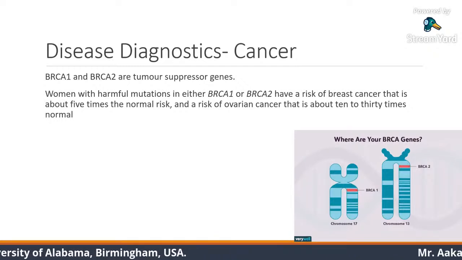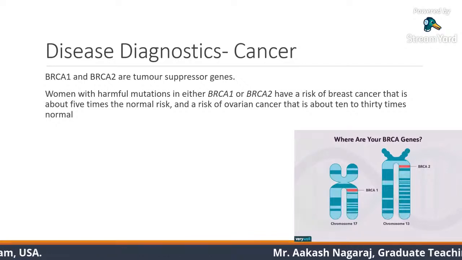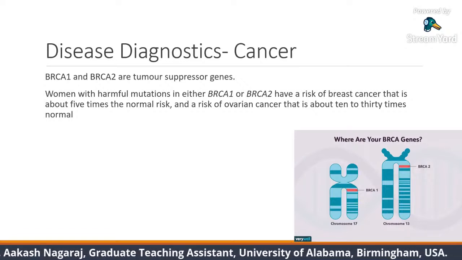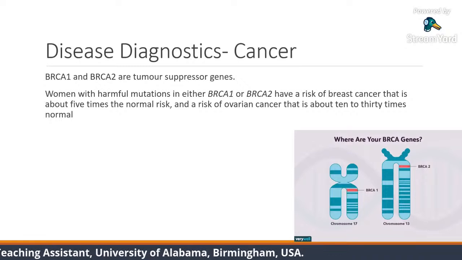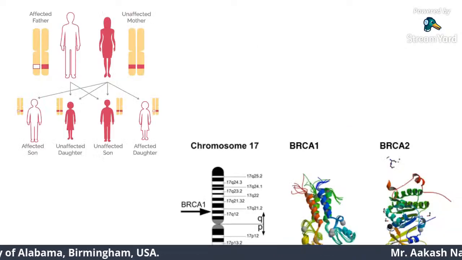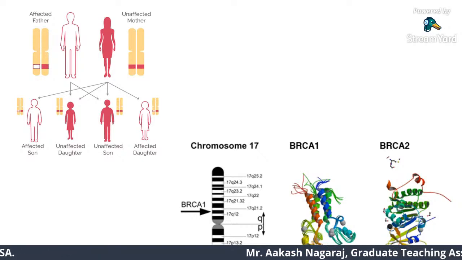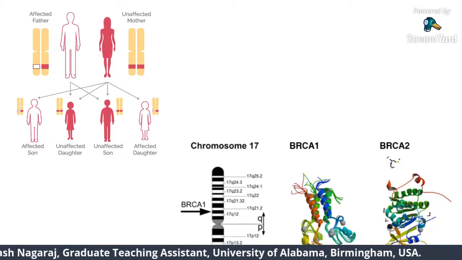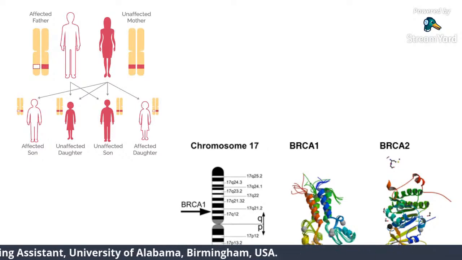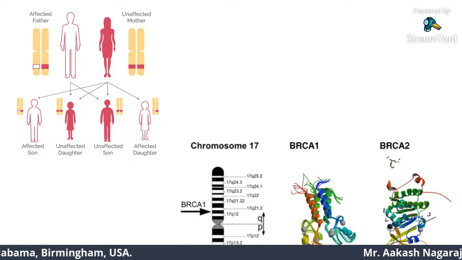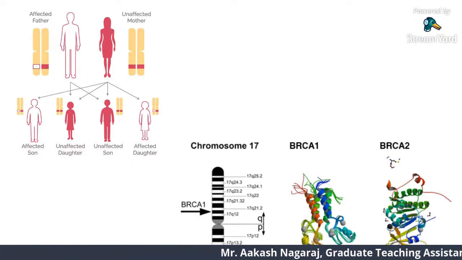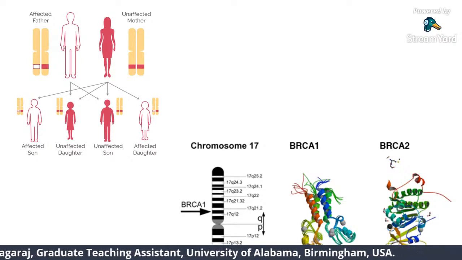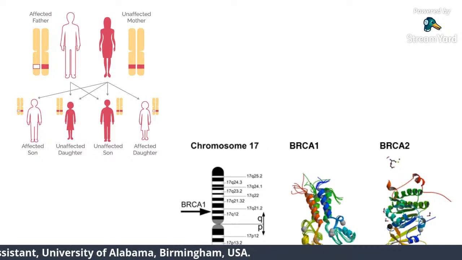Here is an image of where the genes are located in the chromosome. One of the genes is in chromosome 17, and the other is in chromosome 13. This image shows a simple representation of how the mutation could be passed on from the parents to the children. Having the mutation doesn't mean that the person will get cancer.